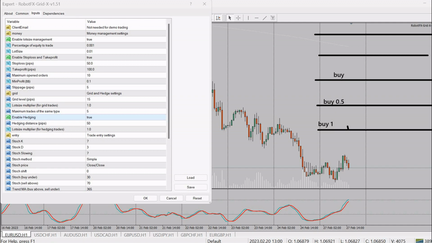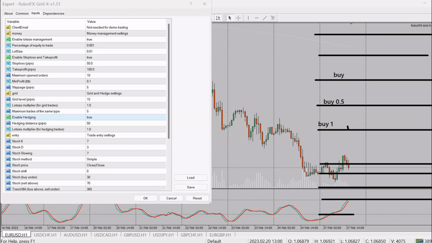It will place the same number of trades, which will be 5 according to our settings previously. The difference will be, these will be pending sells. So we'll have 1, 2, 3, and so on until 5, and it will open these trades at the 50 pips distance.